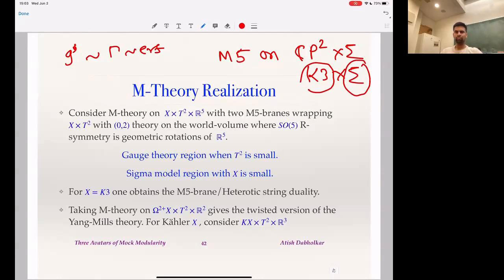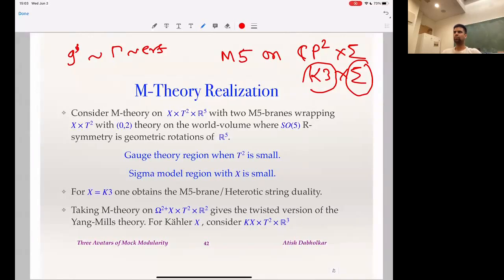And its partition function, therefore, should be the same for some supersymmetric quantities. If you regard K3 to be small and consider the partition function on sigma, you get essentially the heterotic string theory, because an M5 brane wrapped on K3 is the heterotic string. And its supersymmetric partition function only counts the right moving ground states and the left moving excited states, which give you 1 upon eta to the 24.